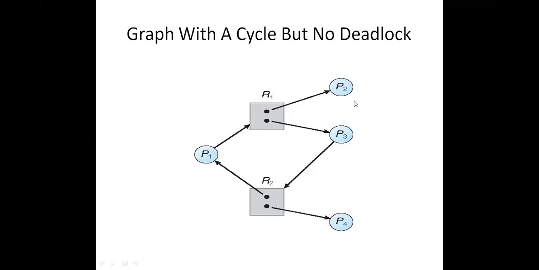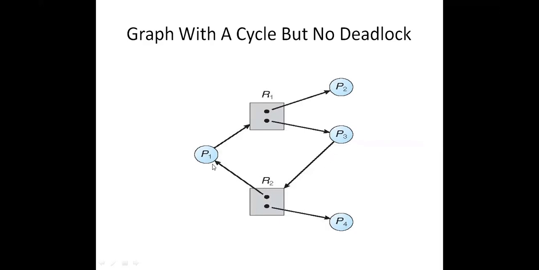If P2 completes its task, follow the cursor, automatically the resource R1 will be released by P2 after use. Likewise, P4 also, after use, will release the resource soon. Okay. So P1 need not wait only for P3, and P3 need not wait only for P1.